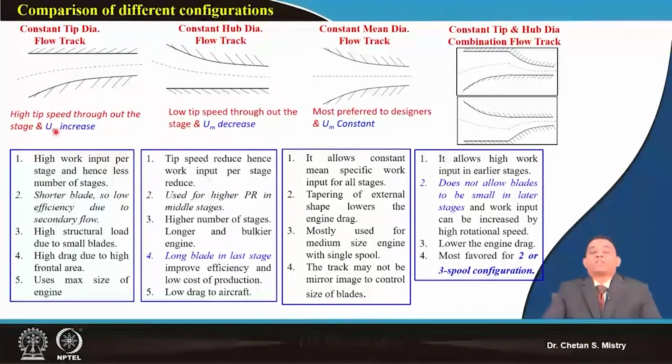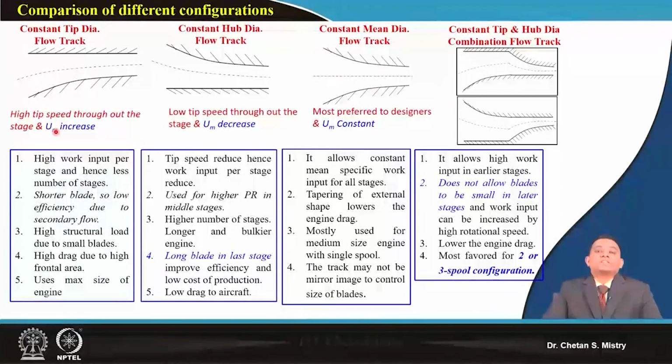But at the same time, for the later stages, the blade will be very small, and that will reduce the efficiency. Now if we have the flexibility that maybe one or two stages can be added, and we want an improvement in efficiency, we can go with a constant hub diameter configuration. Constant mean diameter, or constant mean track, gives us a benefit in terms of improvement of efficiency.